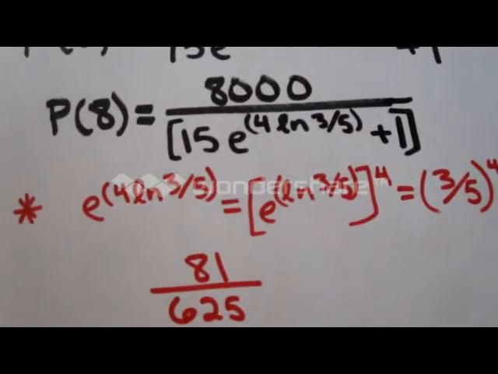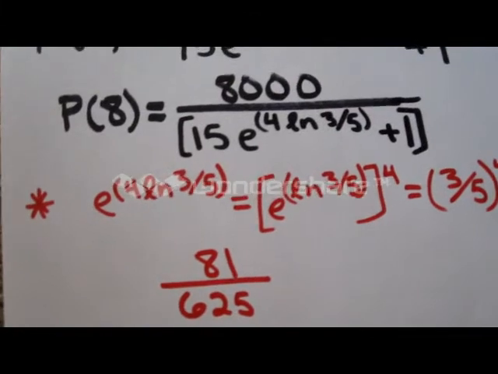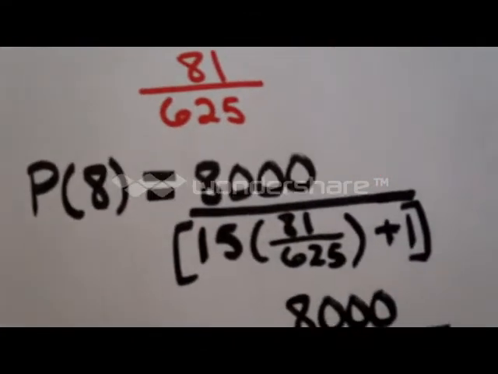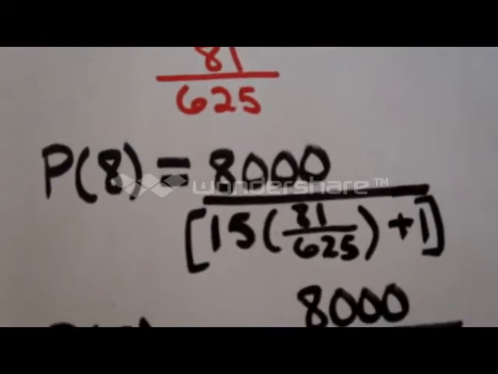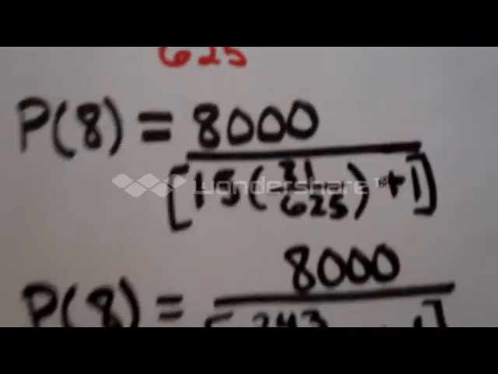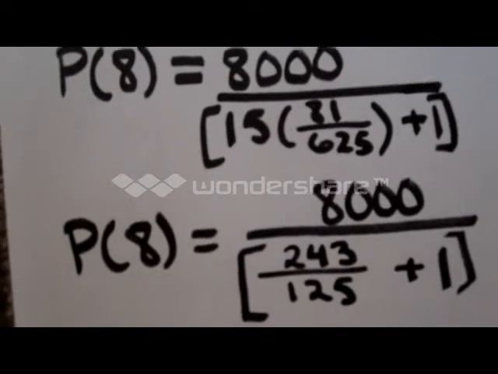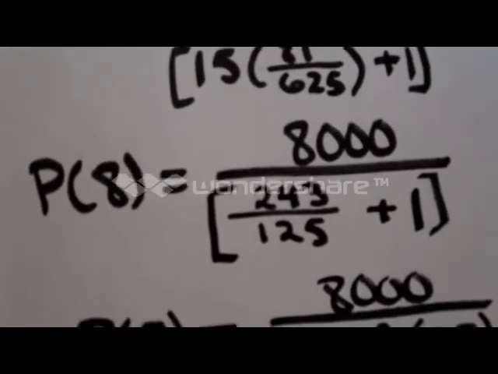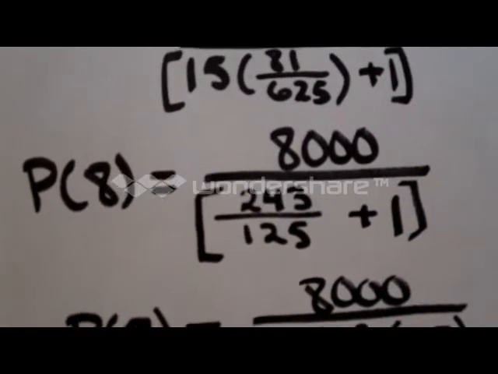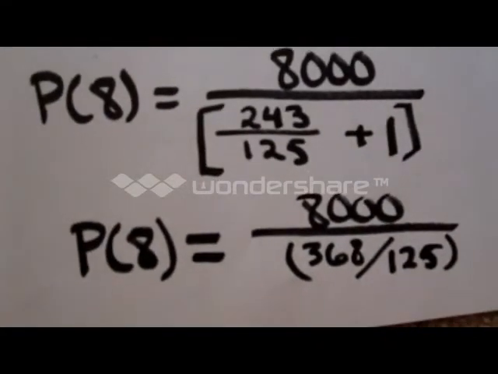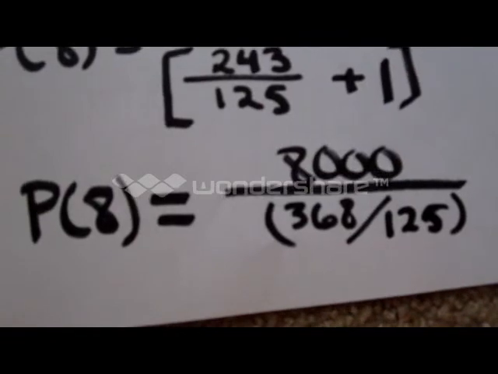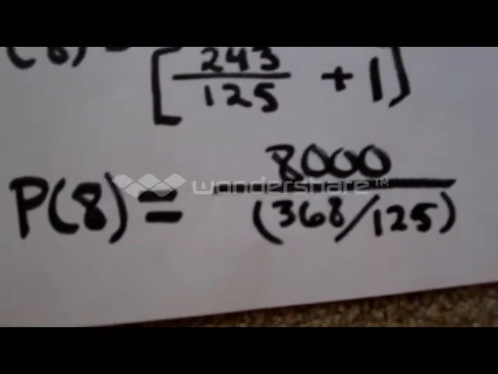So you plug that into the equation for what you just subbed out, and it's P(8) equals 8,000 over (15 times 81 over 625, all plus 1). And you simplify, and you get 8,000 over (243 over 125 plus 1). And then you further simplify, it's 8,000 over 368 over 125.